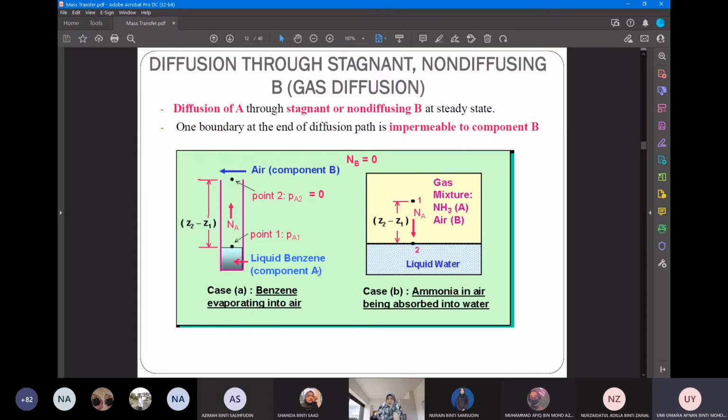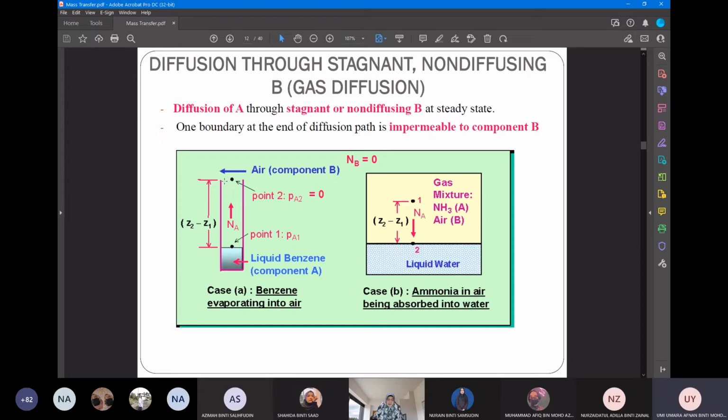And then we also say that in the components, you have a bulk of components inside. Bulk. Many. A large quantity. Alright. So we can say that this is a bulk of liquid benzene, a bulk of component A. But when you talk about A diffusing, there's only one component of A diffusing. So you just say that we are talking only about one A.